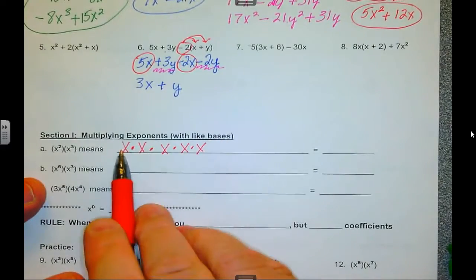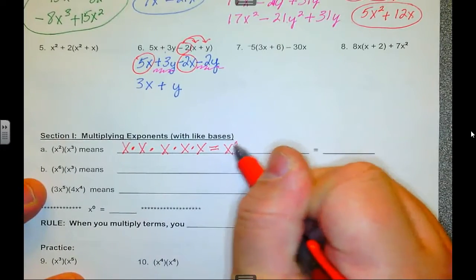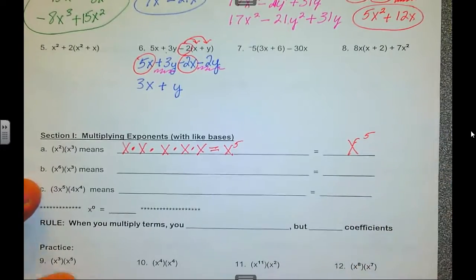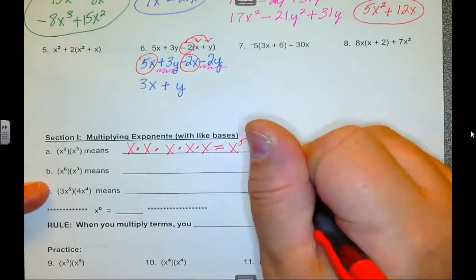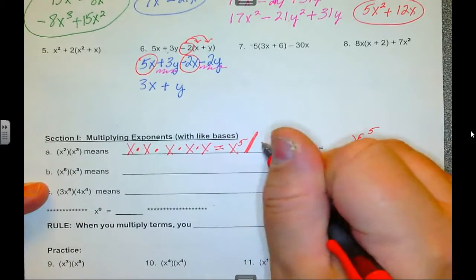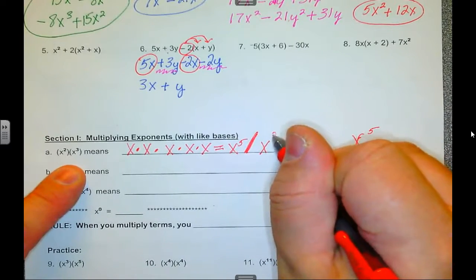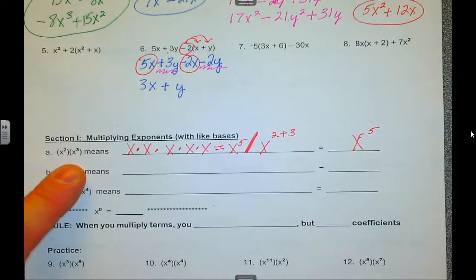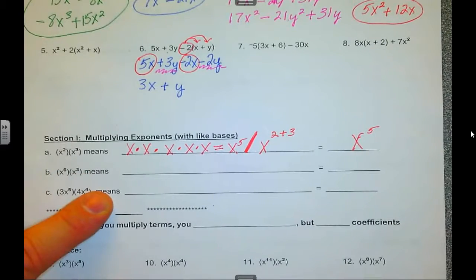And what you're really doing is you count up the x's and you get 5. Yeah, but the shortcut here, the rule is that we're taking x, I'll put a little slash here, taking x, as long as they're the same base, you're going to take the exponents and add them. Okay. That gives me x to the 5th.